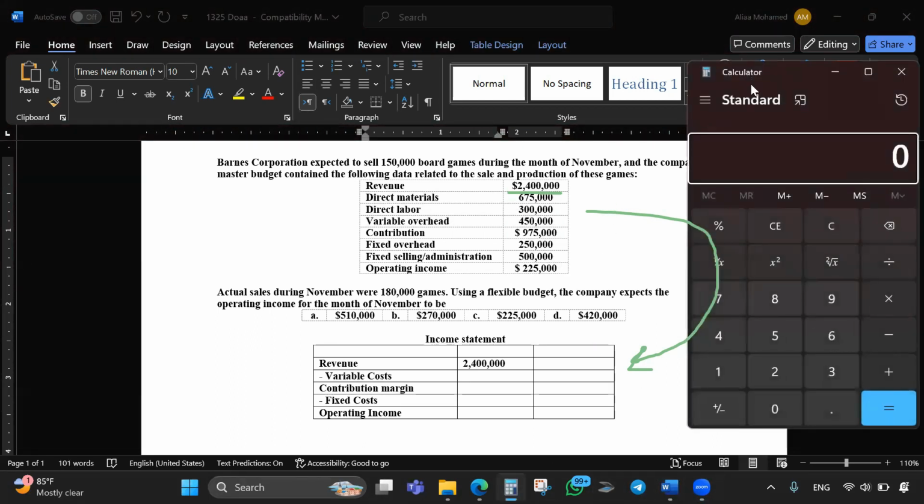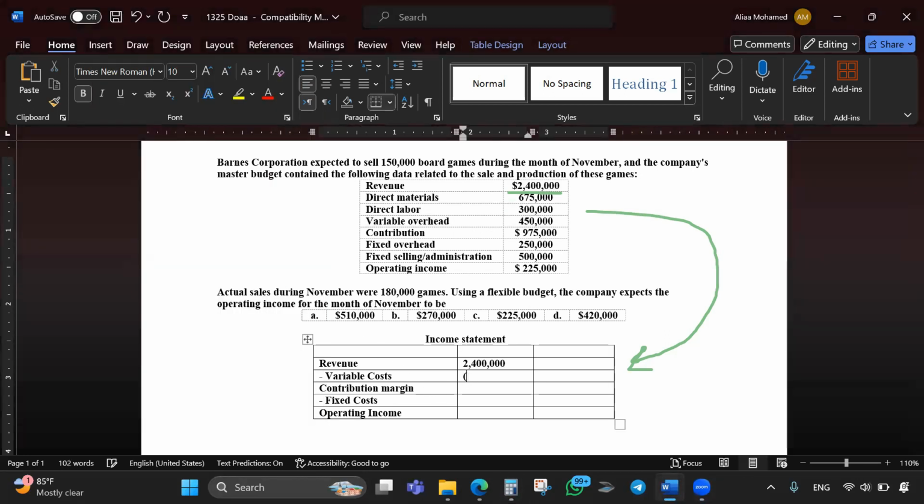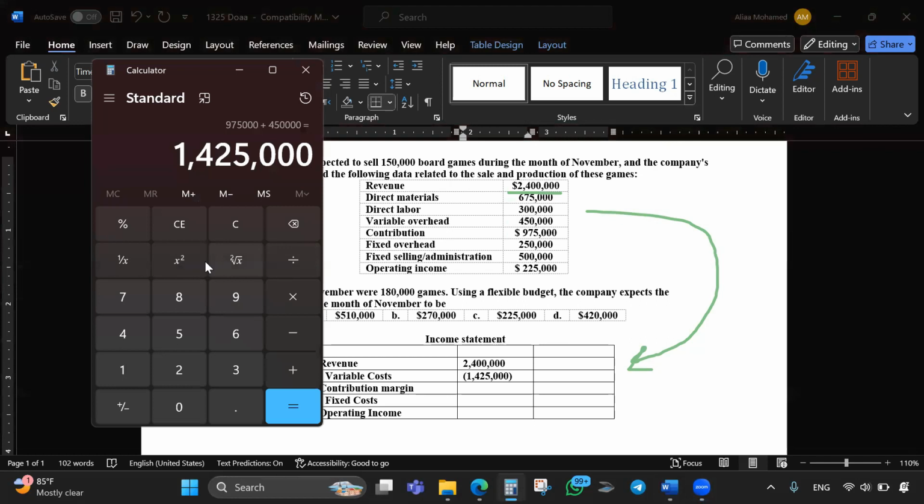We can calculate it here: 675,000 plus 300,000 plus 450,000, which is 1,425,000. These are all the variable costs, and they will be subtracted from the revenue.